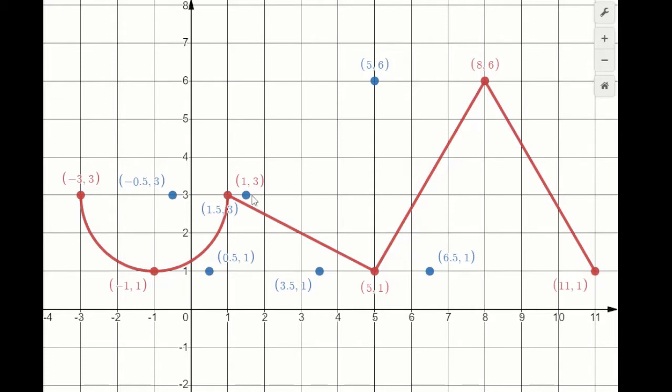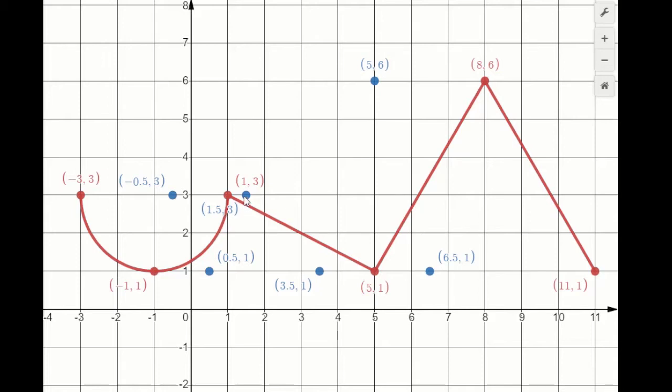The third point here, our calculation showed 5/2, 3. So 3 is here, but this point is 1.5, which is 3/2, 3. That's the label showing right here. We're off by 1 again.